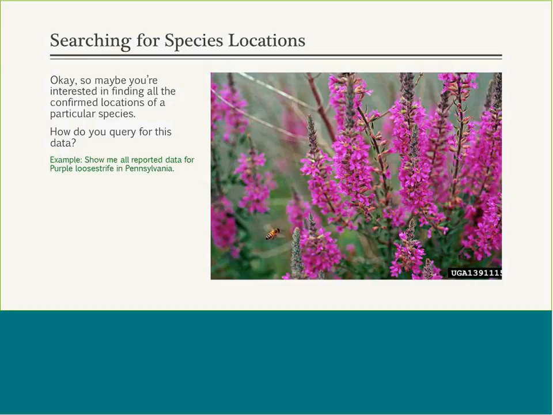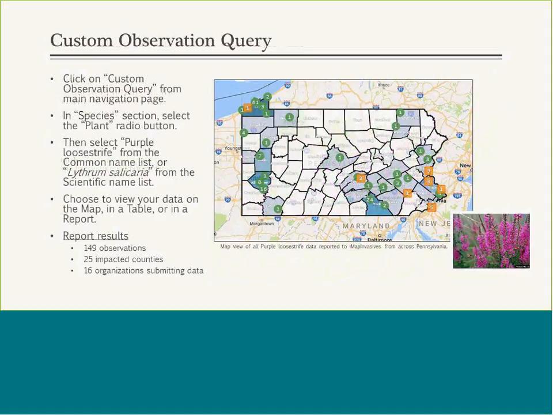And so an example here is you would say, show me all the reported data for purple loosestrife in Pennsylvania. I want to know those different locations where it's been found. And so we would do that if you click on Custom Observation Query from the main page, and go to the section for species, and use your species. So you would say, I'm looking for a plant.